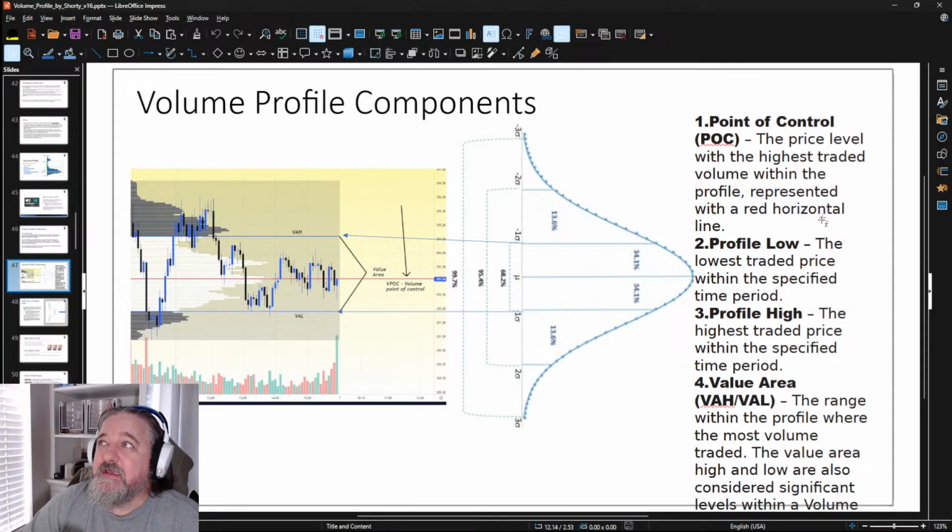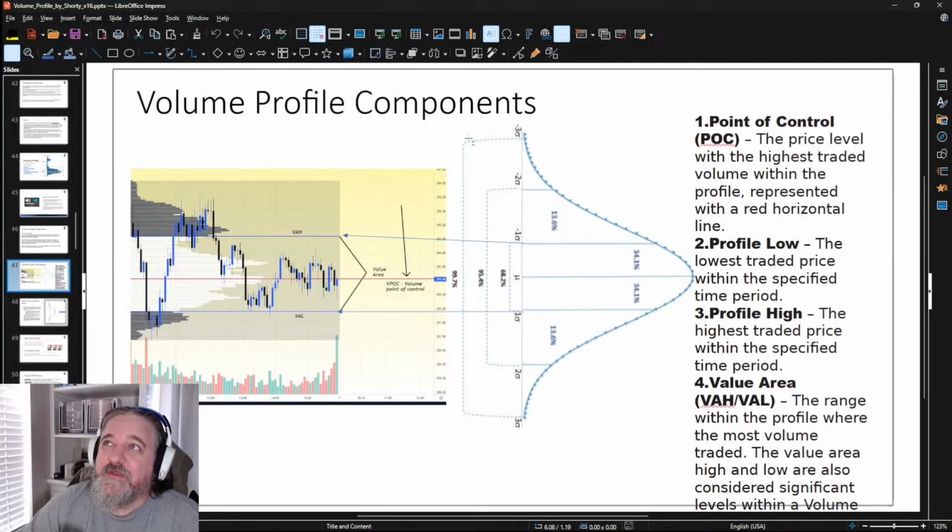This is really something you'll want to read through. It talks about what volume profile is. We're looking at the 68% of the volume traded, which is our first standard deviation, like on a bell curve. The 95.4% would be our second standard deviation on a bell curve.